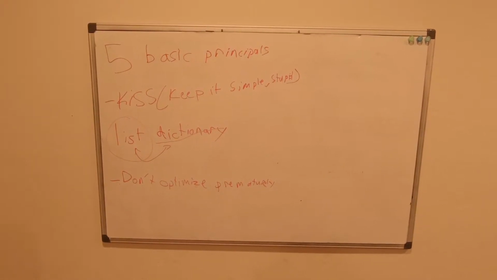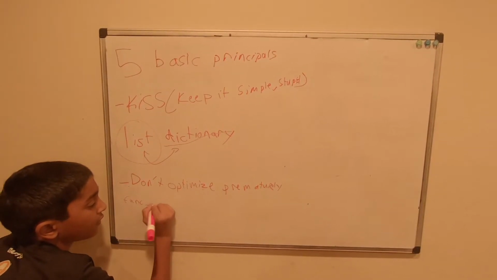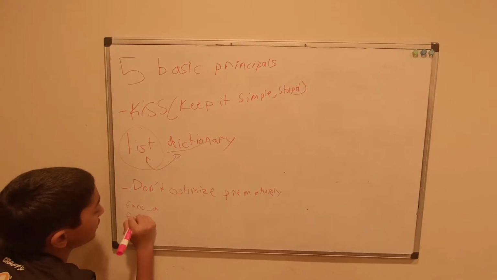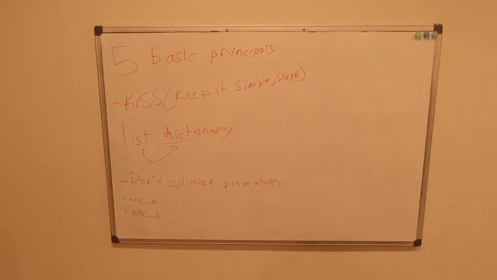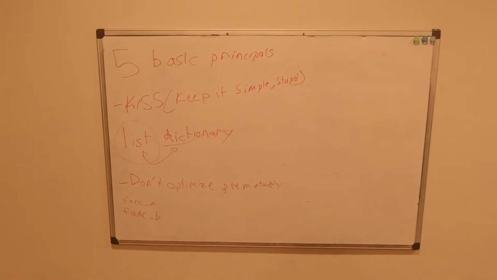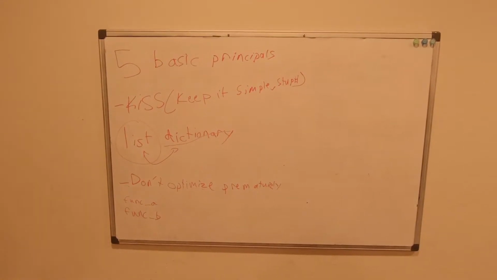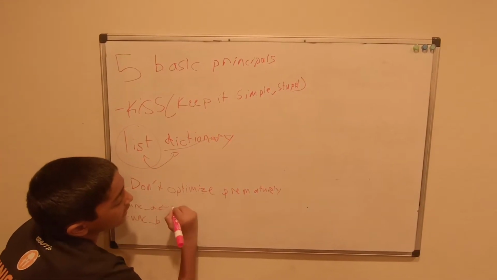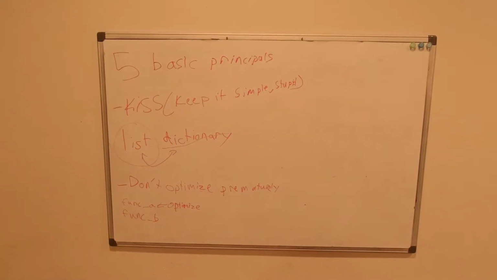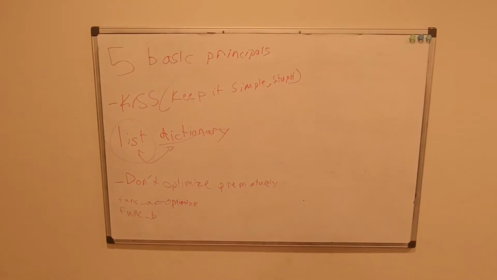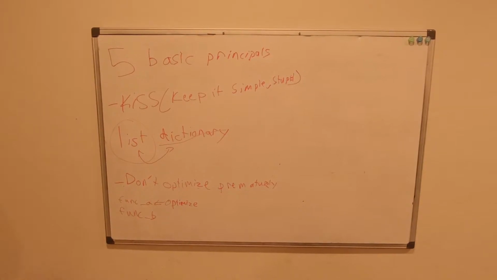Let's say that you have function A, and then you have function B. So you look at A and you're like, I think that A is using more space than it should. And you go optimizing A. And then later you realize this function is used once.